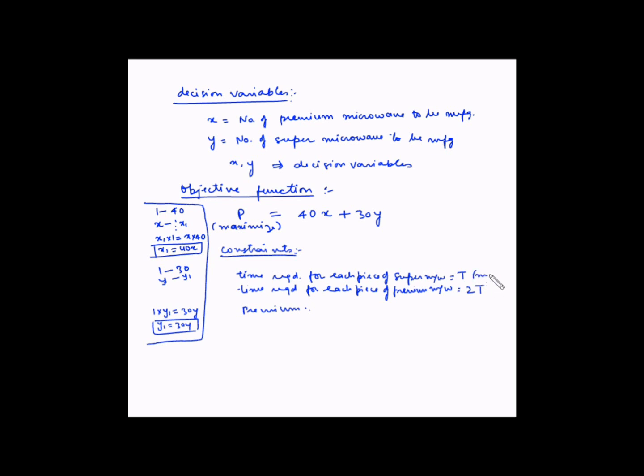So this is in minutes. And we have considered a quantity of X. So X numbers will require 2T multiplied by X amount of minutes. Similarly, for the super model, each piece requires T minutes. So Y pieces will require T multiplied by Y minutes.